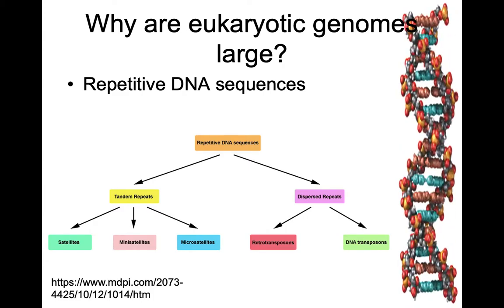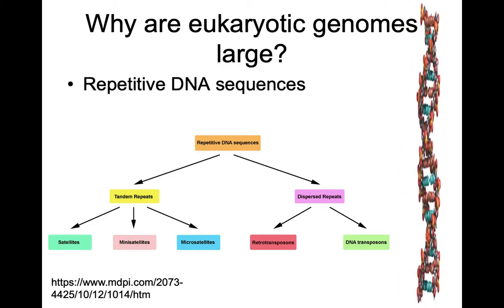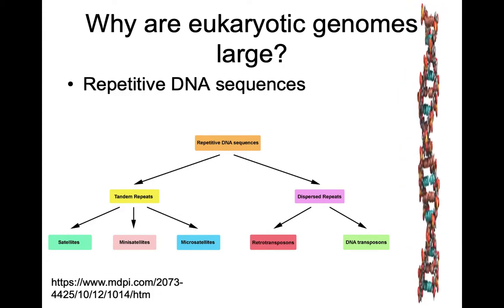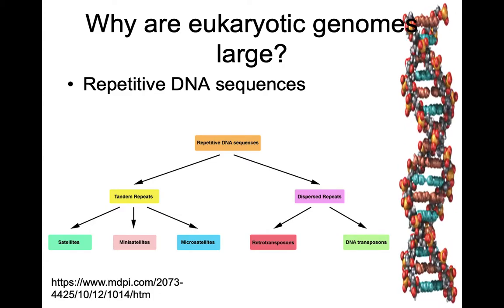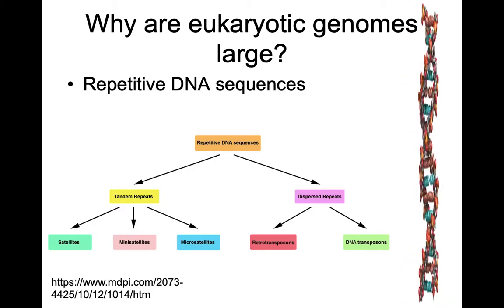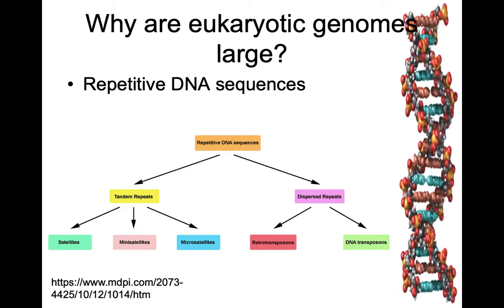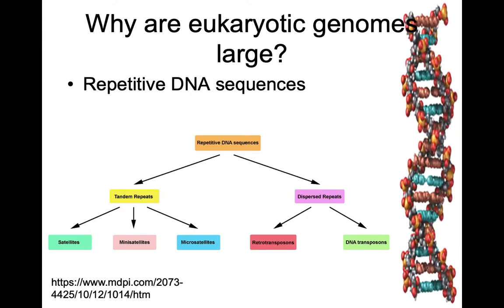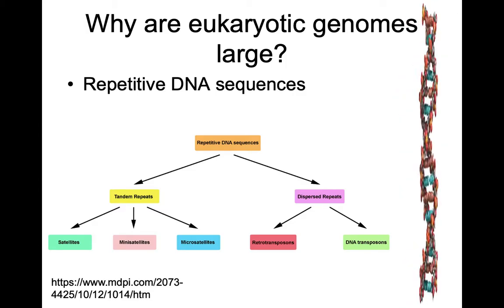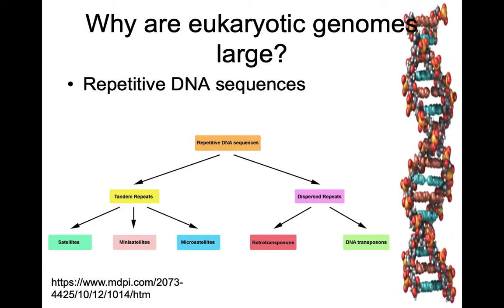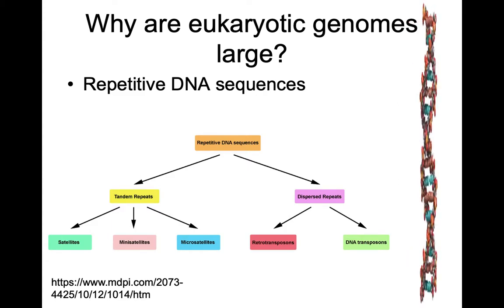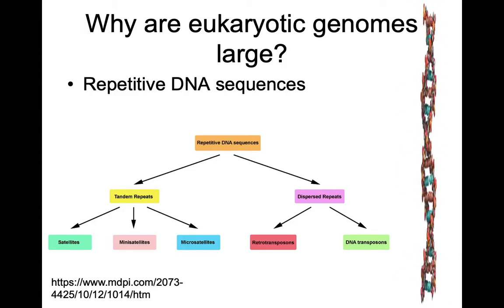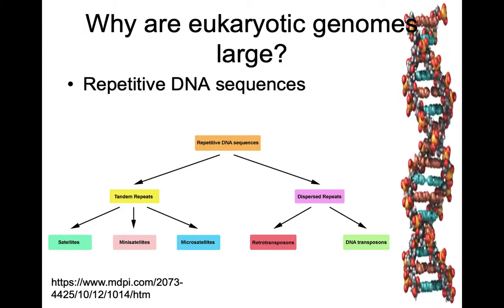The reason behind the observation that eukaryotic genomes are appreciably large is the fact that there are what we call repetitive DNA sequences. The centromere is one example, but aside from it, there are a number of subtypes under the repetitive DNA sequence family. There are tandem repeats, like the ones I mentioned, the microsatellites, minisatellites, and other non-coding DNA sequences.